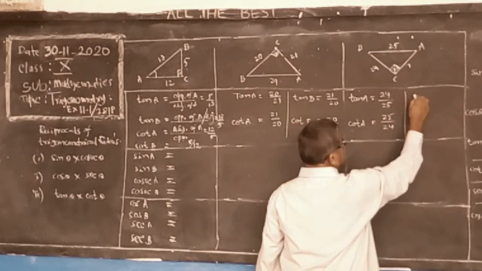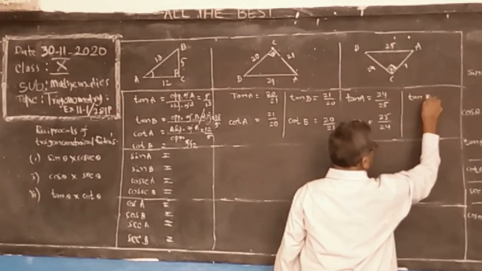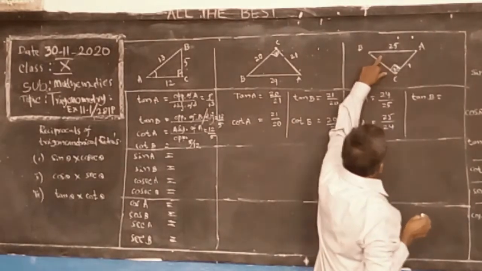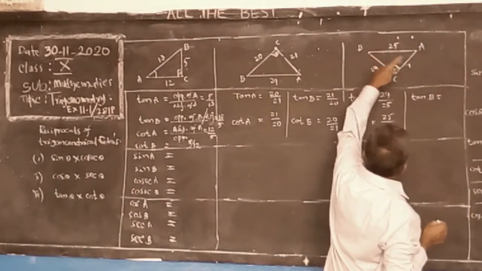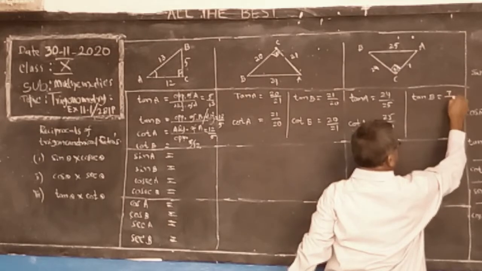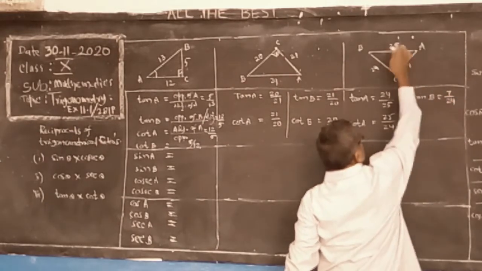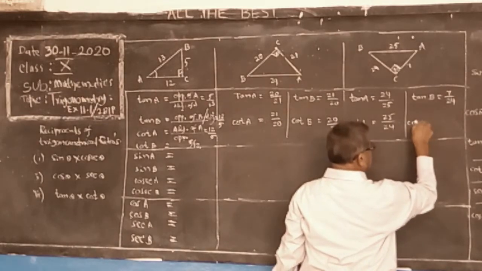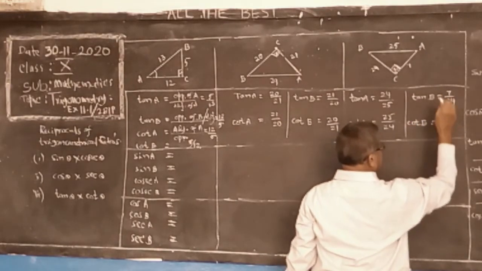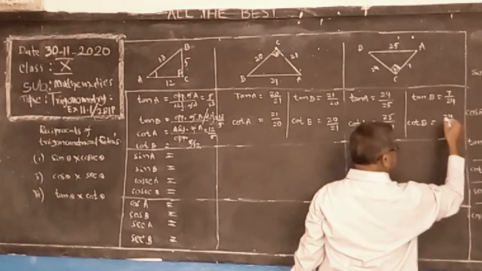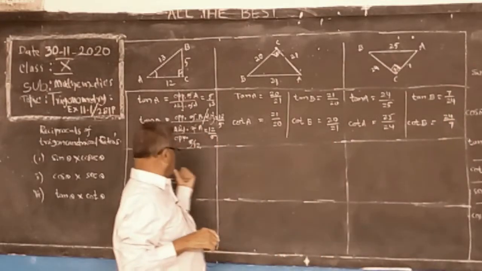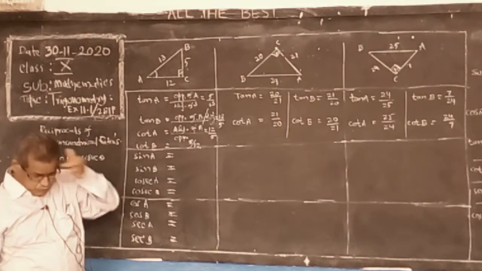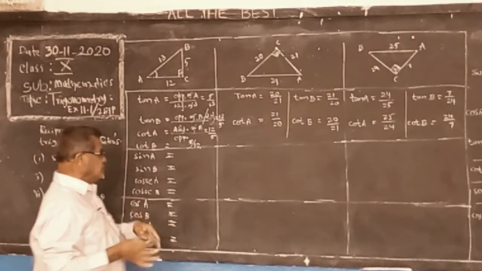Similarly, tan B, where B's opposite side is 7 and adjacent side is 24, is 7 by 24. Cot B is the reciprocal of tan B, 24 by 7. Like this you have to complete this table. Similarly, we have to write for sine and cos.